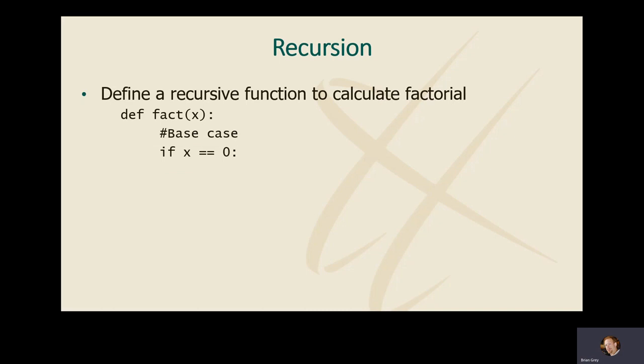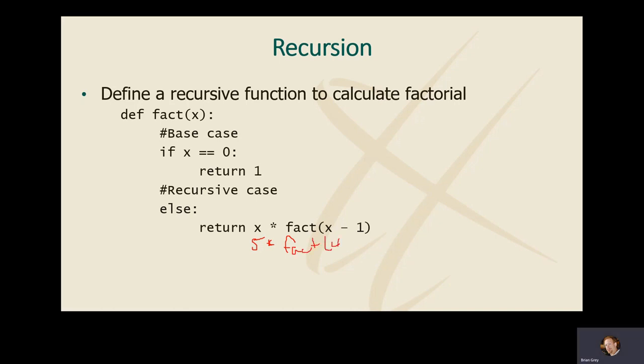So when we say factorial is 0, we return 1. Right? Otherwise, we're going to return x times factorial of x minus 1. So if we say factorial 5, we're going to return 5 times fact 4. Right? Now, if we wanted to, we could have an elif here.